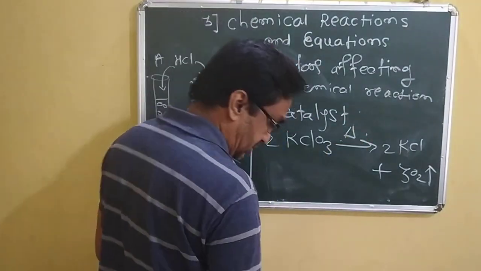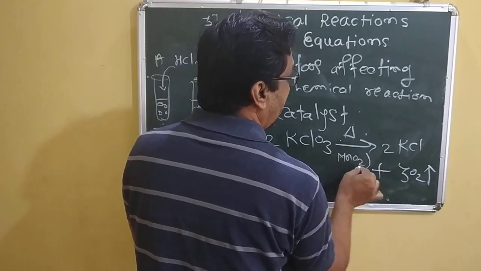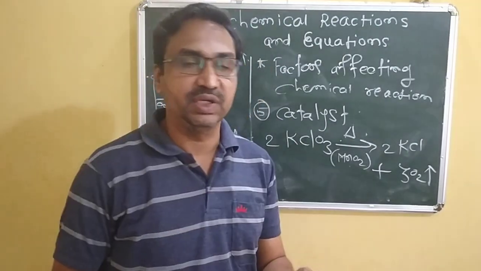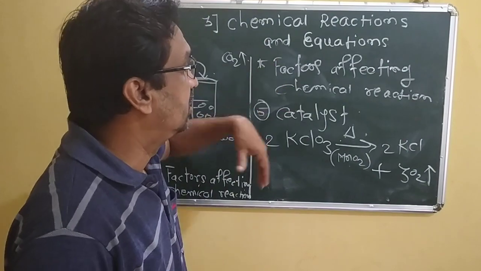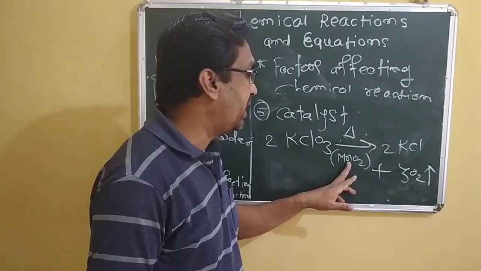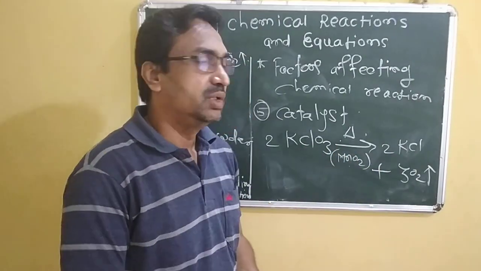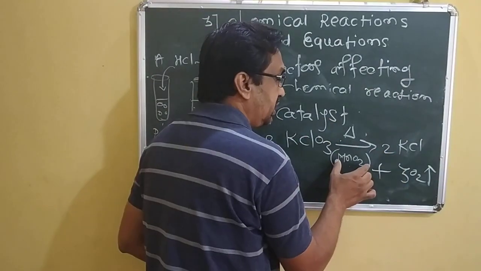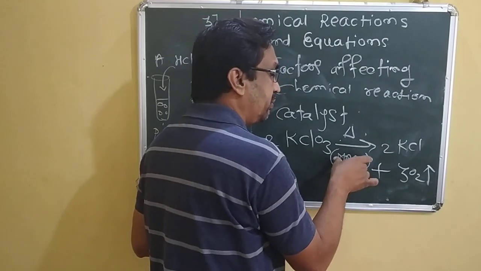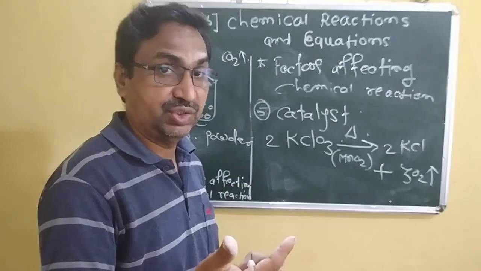Here we can use manganese dioxide, MnO2, as the catalyst. In the presence of manganese dioxide, this reaction can be carried out faster, and manganese dioxide does not take part in this chemical reaction. There is no involvement. Only the presence of this substance changes the rate of the reaction.